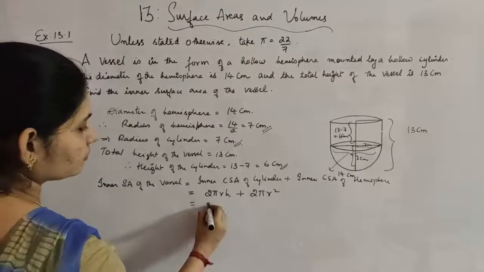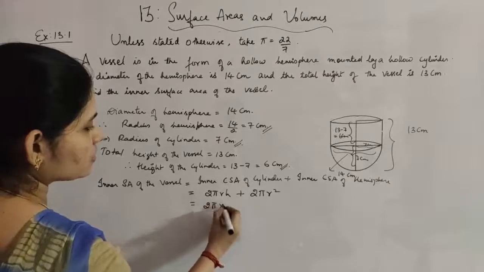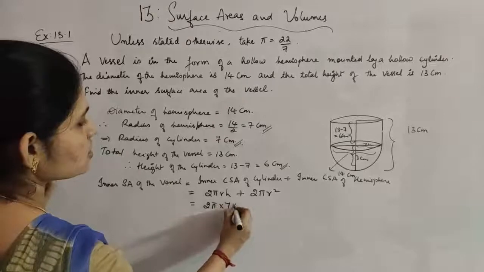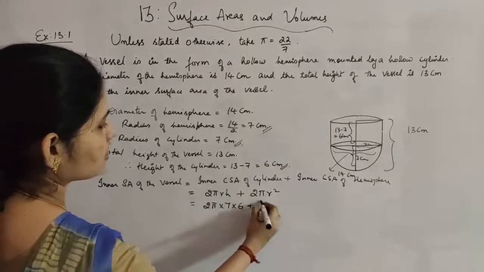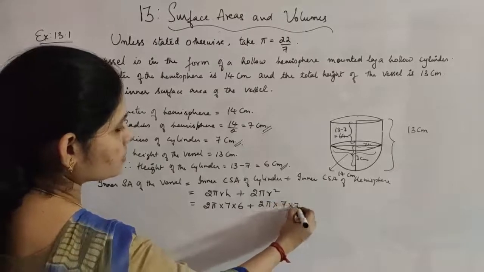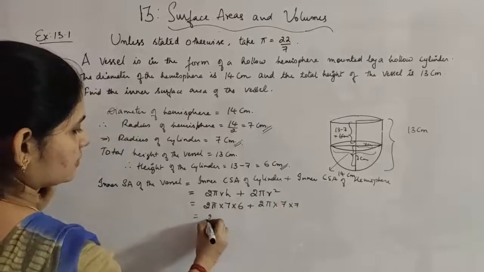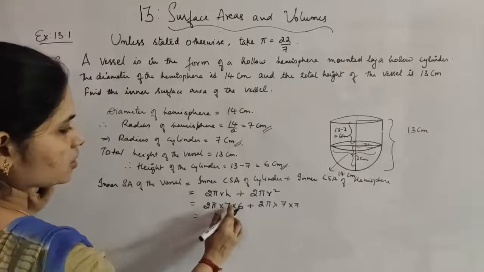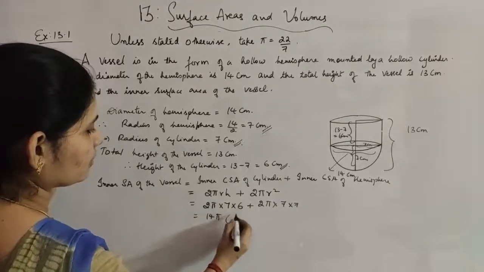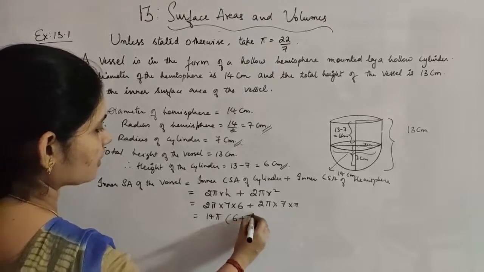Now 2 pi into, what is R? R is 7, H is 6 for the cylinder. 2 pi into R again is 7 into 7. So that 2 into pi into 7 is common in both the things. So you can take it out. That is 14 pi, and this will give you 6 plus 7.